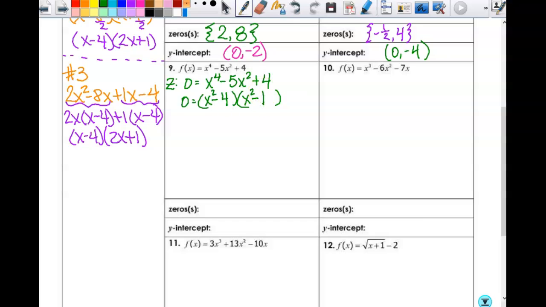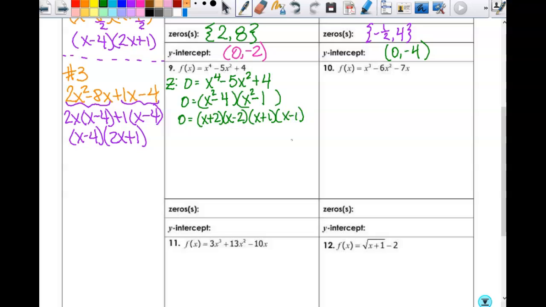Now, I factor what? Squares. Now, last period, most everybody. Okay, so let's be clear on something. We do have perfect squares, but this is not a perfect square trinomial. That's something. This is different. 0 equals x plus 2, x minus 2, and then this becomes x plus 1, x minus 1.